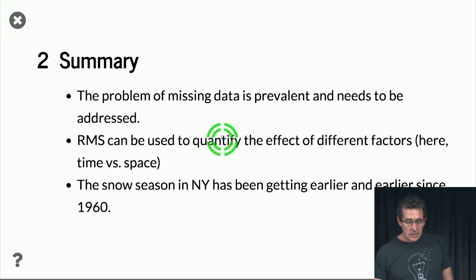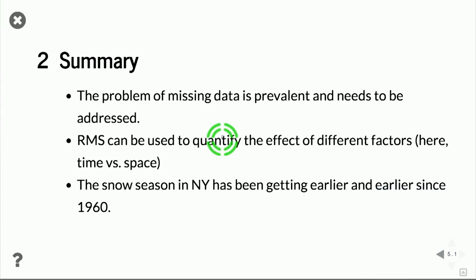So to summarize, the problem of missing data is prevalent. We talked about it before, and we'll talk about it again. It basically can never be assumed to go away, because unless you have some kind of sensors that are always on for the whole duration and all of the sensors work correctly, when you're using large-scale data, there's going to be a lot of missing data.